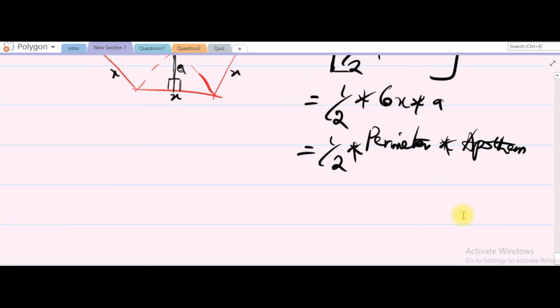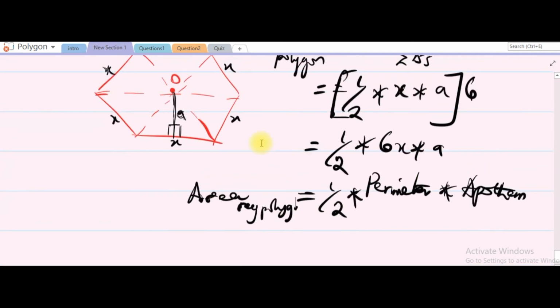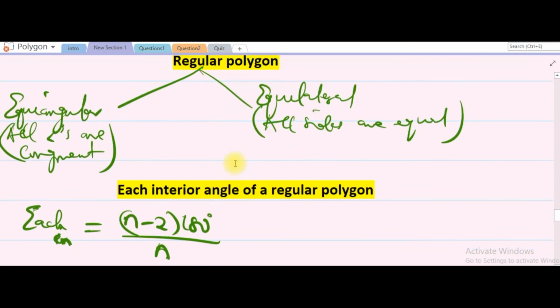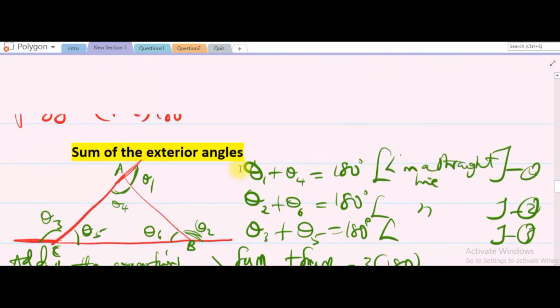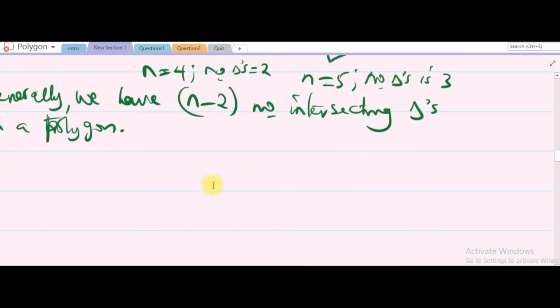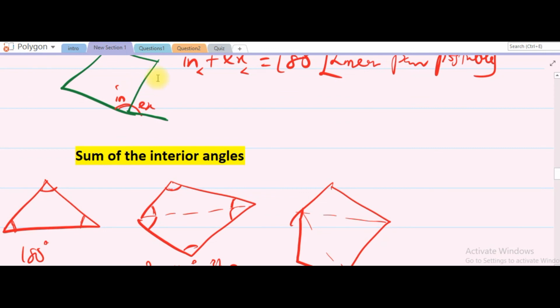So that's the formula for the area of a regular polygon: half times the perimeter times the apothem. With these definitions and formula, we can solve any question involving polygons. So let's now enter the first part of the equation, which is the easiest one.